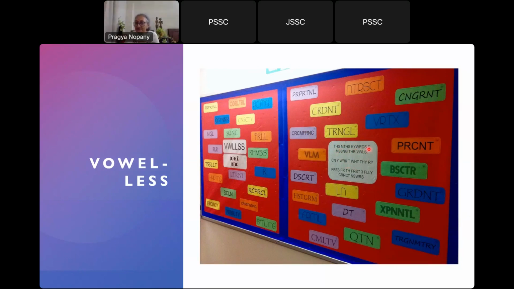These maths keywords are missing their vowels. Can you work out what they are? Prizes for the first 3 fully correct answers.